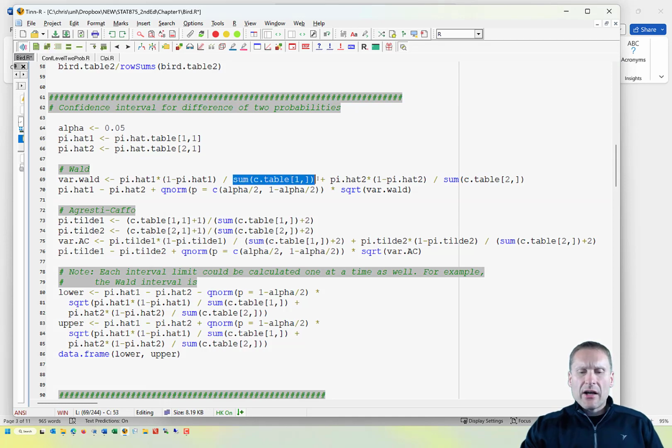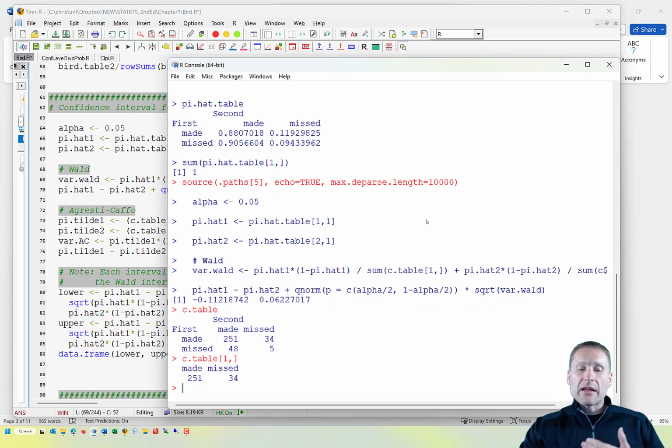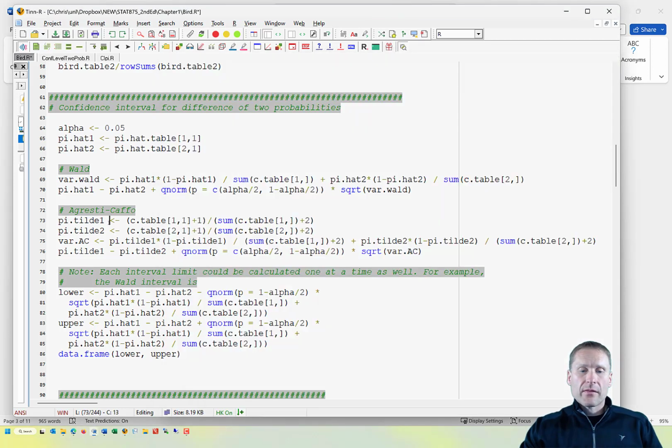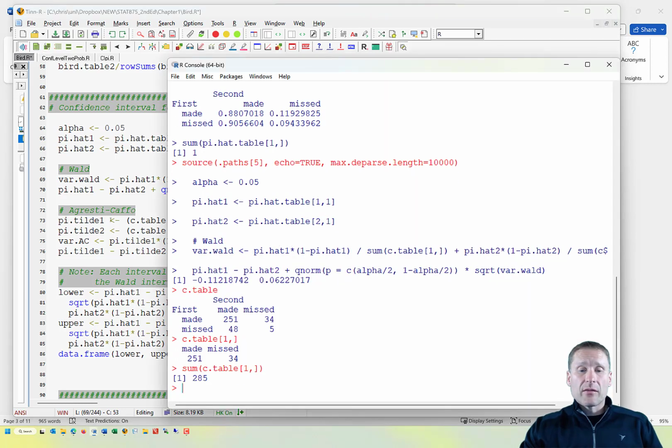So the sum of C.table bracket 1 comma, what that's going to give me is my n sub 1. So just to see that, how about we take a look at C.table. So there's my contingency table. And what we've seen before, if I just use 1 comma within brackets there, that's going to give me my first row. And so if I say sum of everything in that first row, I get my n sub 1.